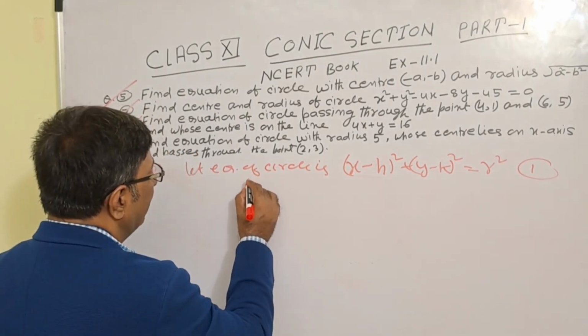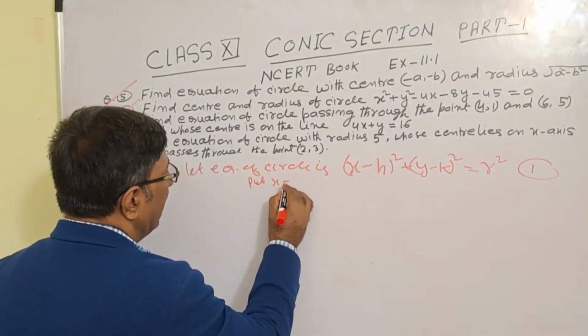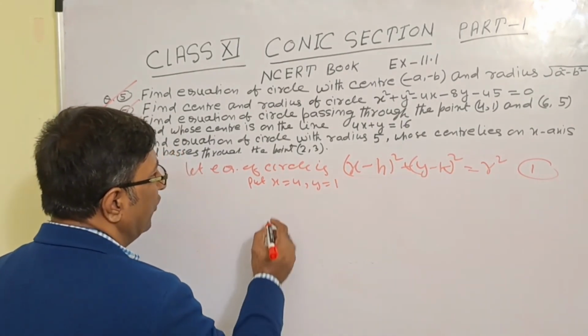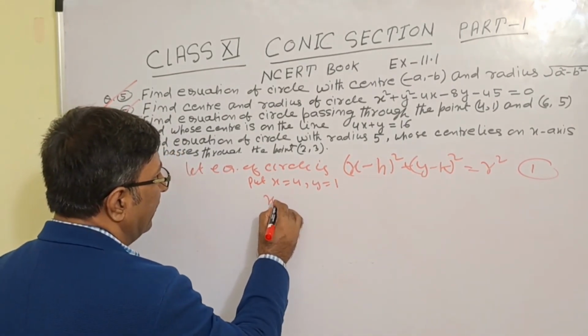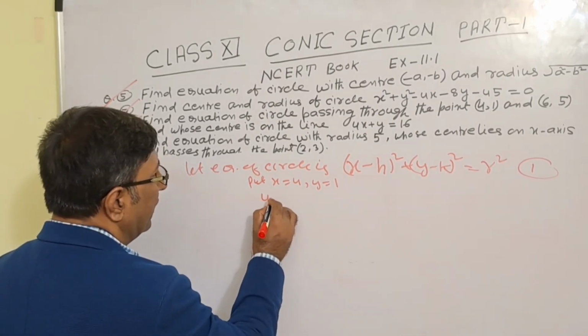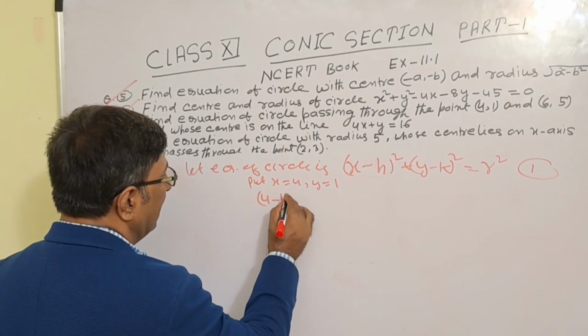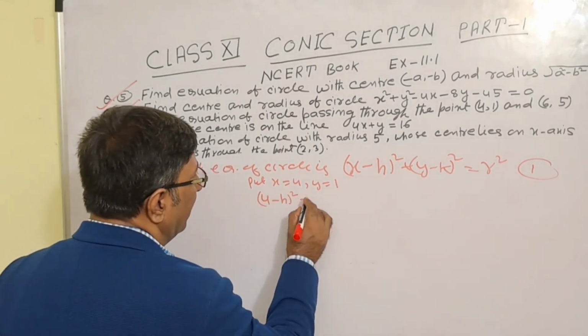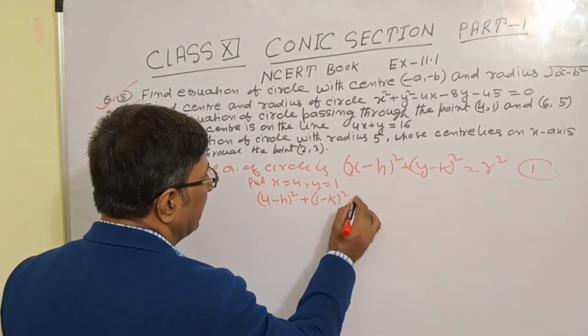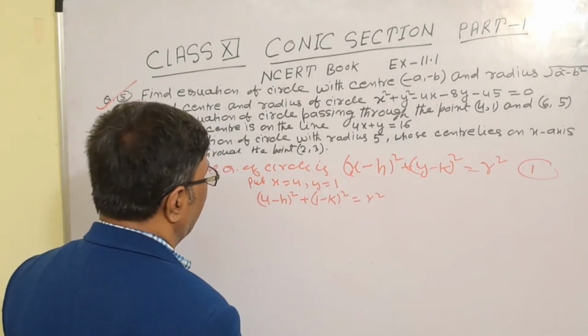So put x equals 4 and y equals 1. Then you will get (4 minus h) whole square plus (1 minus k) whole square equals r square.